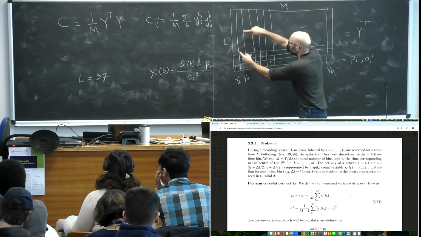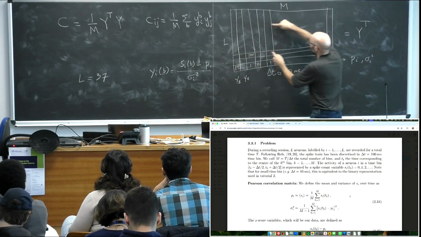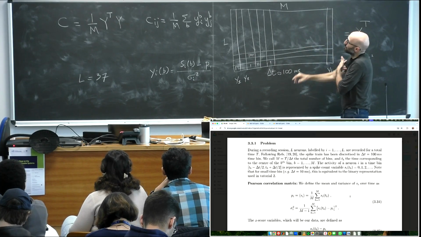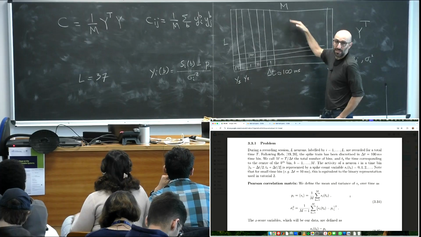You take two neurons, i and j, and you look over the duration of the experiment at the correlation between the two neurons.